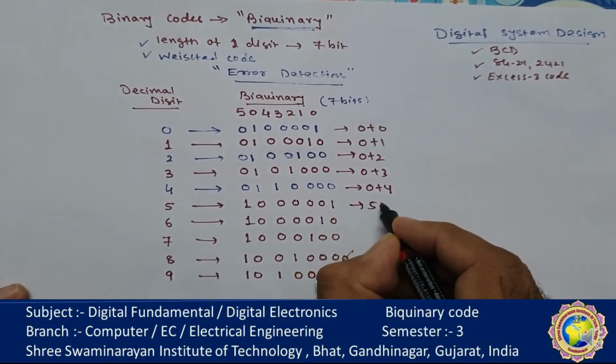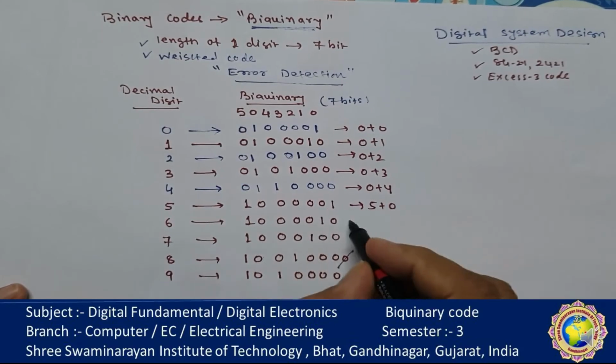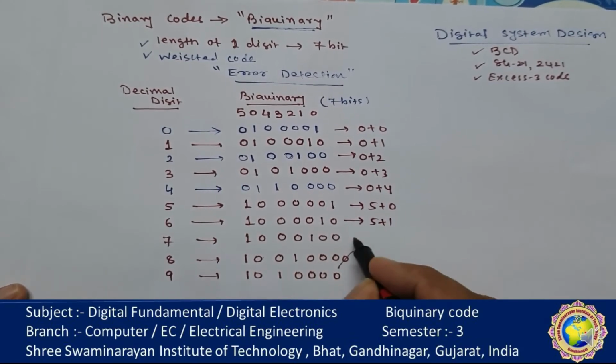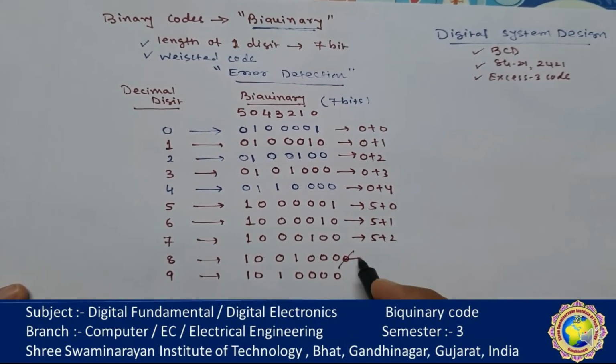Then 5 plus 0, 5 plus 1, 5 plus 2, 5 plus 3 and 5 plus 4.